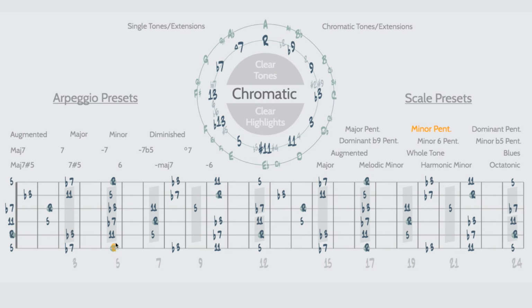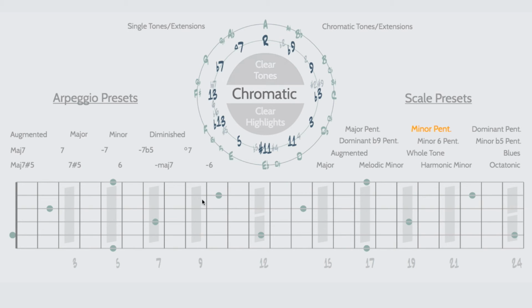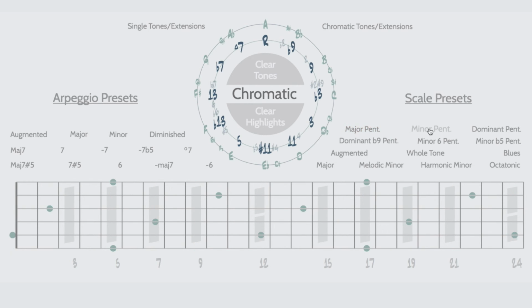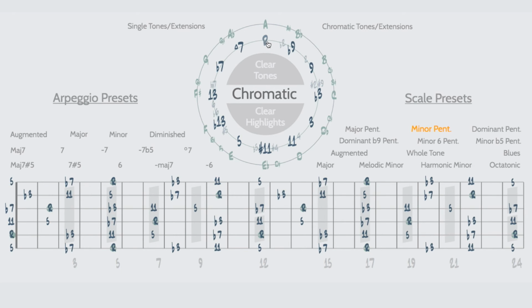Now, if we wanted to look at this as a major, then now we have A as major, and then if you want minor again, think of this as the parallel minor.